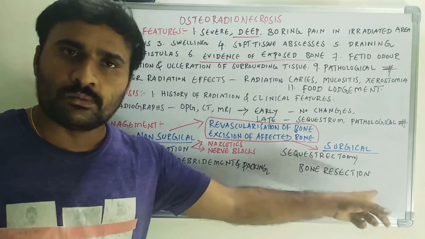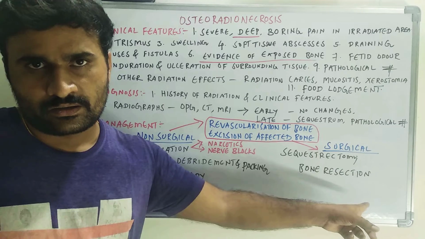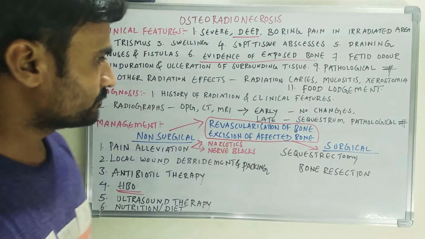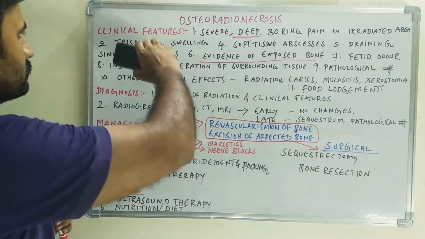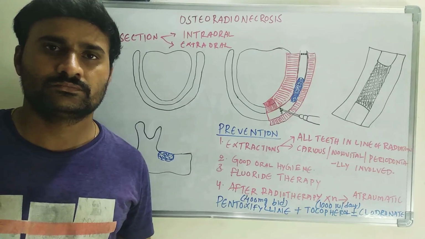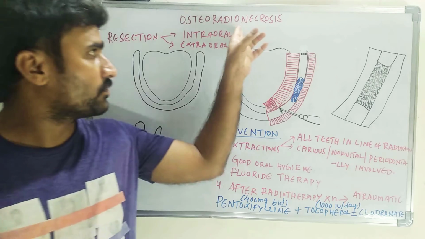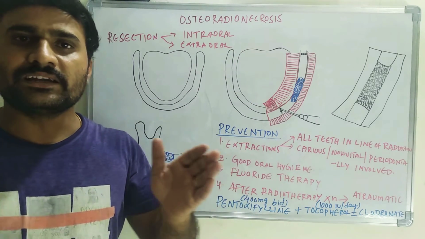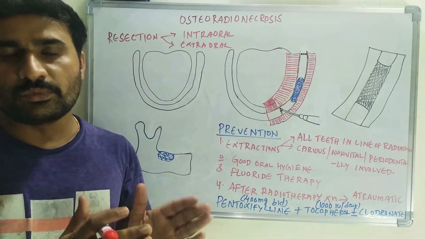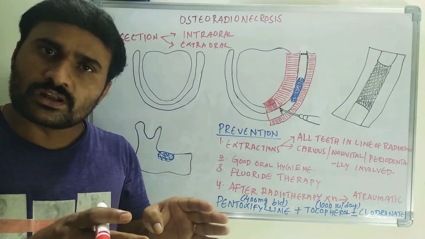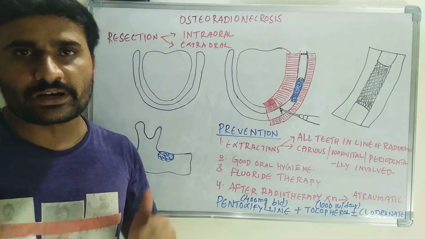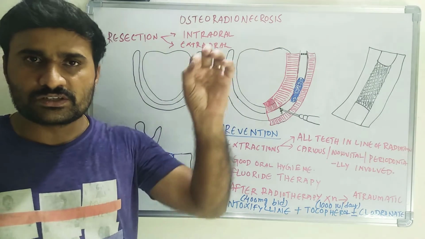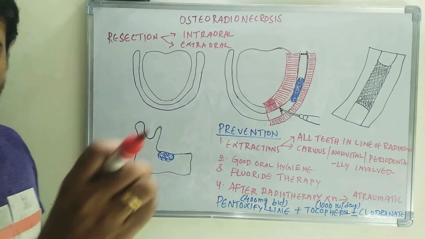Let us see the bone resection procedure, how we should do it. Bone resection can be done intraorally or extraorally, under local anesthesia or general anesthesia. But the intraoral approach is preferred because the skin and vascular damage is already there due to the radiation. So the intraoral approach is generally recommended.